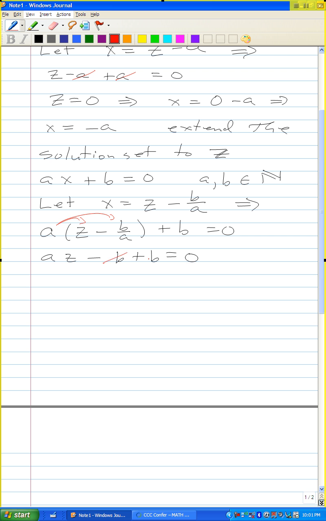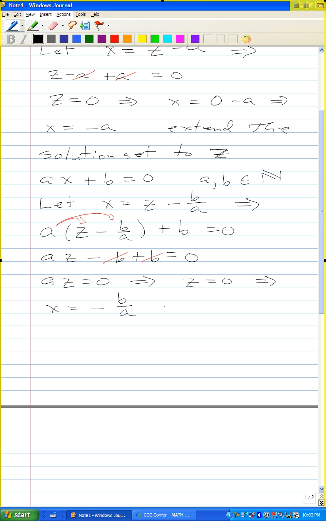The b's cancel. So I get az is 0. But since a is a natural number, then that says that z must be 0. And so plugging in 0, I get that x is equal to negative b over a.